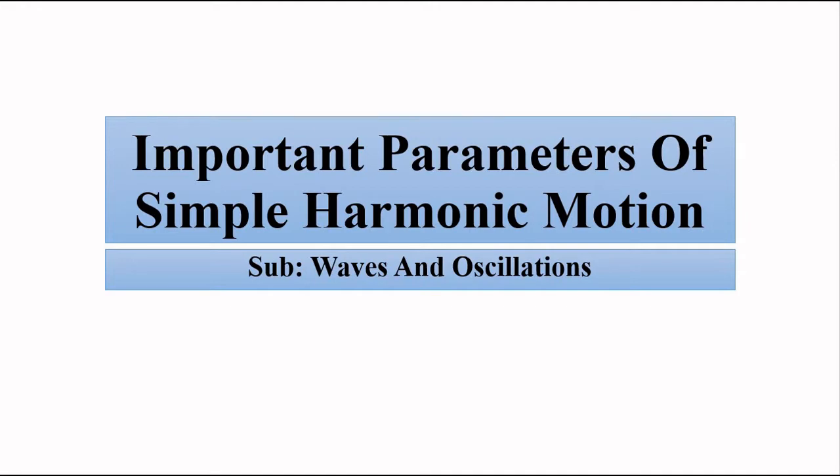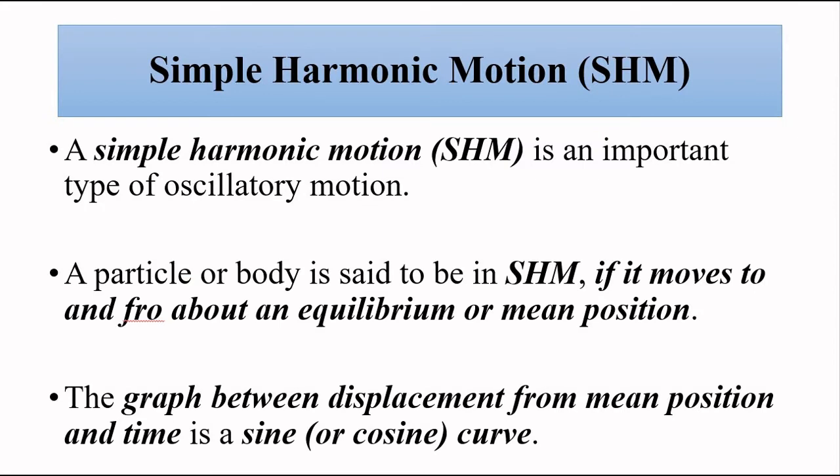So now in this video we are going to discuss some important parameters or the characteristics of simple harmonic motion. We know simple harmonic motion is basically a kind of oscillatory motion which involves a to and fro movement of an object or a particle about a mean position or equilibrium position or center position.